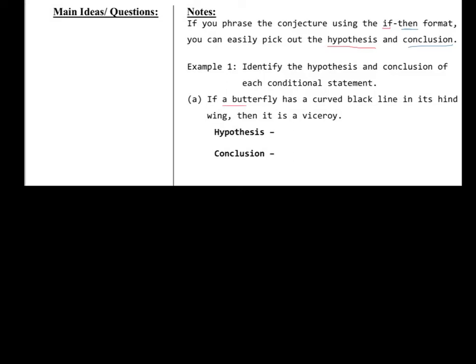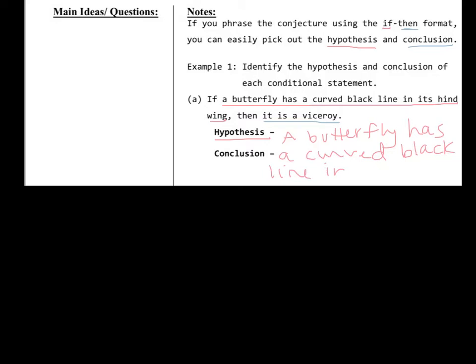So look at this example. It says, if a butterfly has a curved black line in its hind wing, then it is a viceroy. So my hypothesis is everything after the word if. So a butterfly has a curved black line in its hind wing would be my hypothesis.